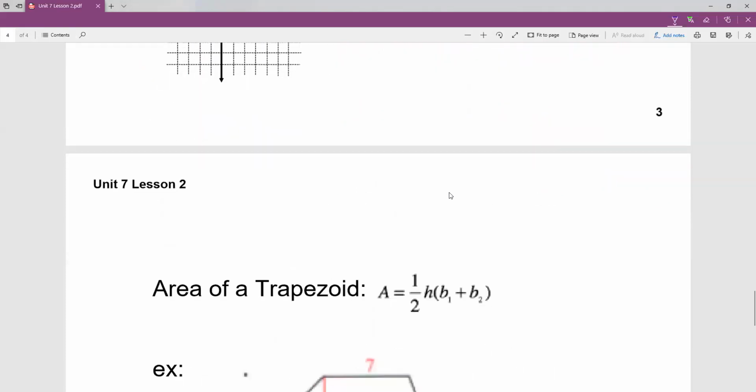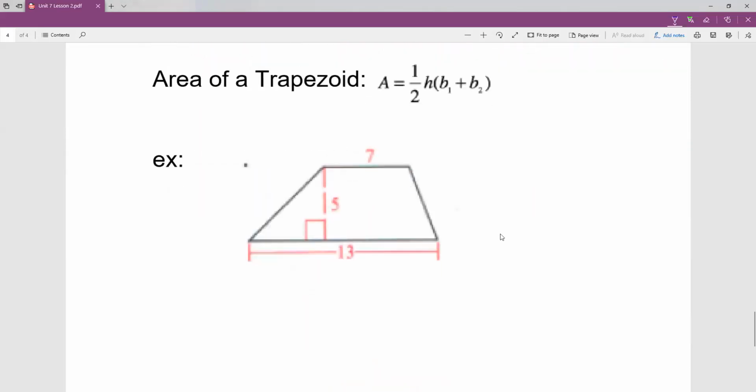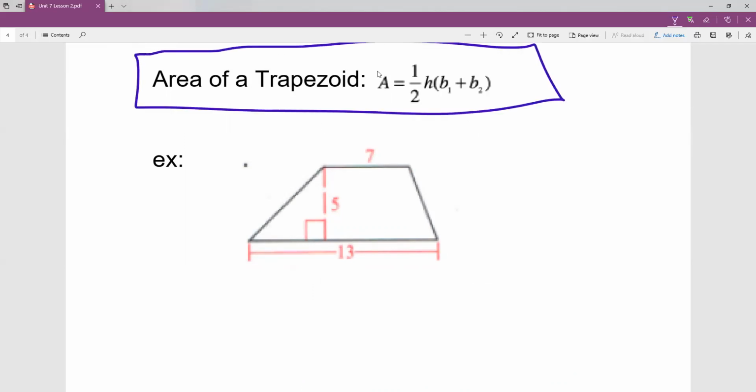Okay. Lastly, we're just going to talk about this real quick. The area of a trapezoid is this, so it's just another formula you guys got to know. The formula is just the area is equal to 1/2 the height times the sum of the bases. And remember, a trapezoid is a figure with two parallel sides, and the other ones aren't parallel.